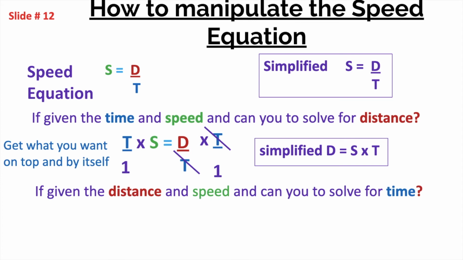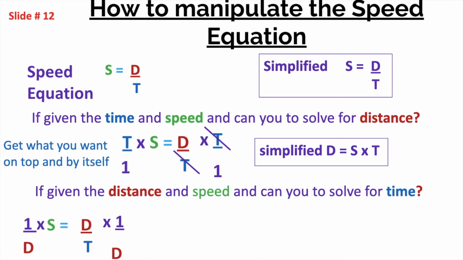Now let's say I'm given distance and speed in a problem, but I want to solve for time. How could I rearrange the equation to get time isolated as a variable? So time is on the bottom of the equation, so it's a little tricky to isolate.